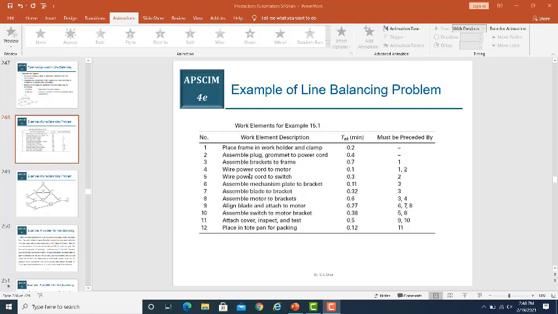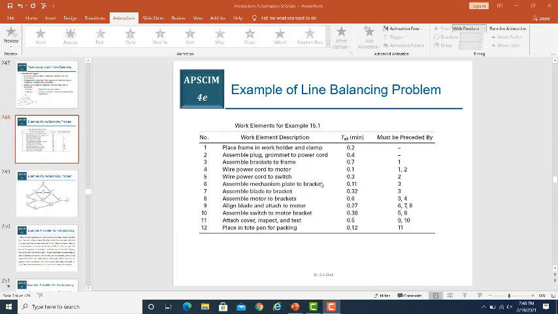If you look at the fourth, its predecessors are 1 and 2. So the fourth operation cannot be assigned to any of the workstations until you have completed operations number 1 and 2. Okay? So these predecessors provide you the sequence of operations, in which sequence you will perform the tasks.